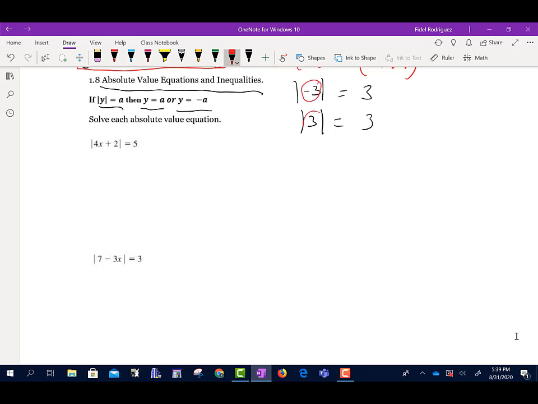So I want you to think about this for a minute. When you have a negative number, think about negative as how much money you owe, and think of positive as how much money you have. So I know that this is negative, right? Because there's a negative sign on the inside. So the -3 would mean I owe $3. Now the absolute value is saying, okay, I understand that you may owe, but how much do you owe?